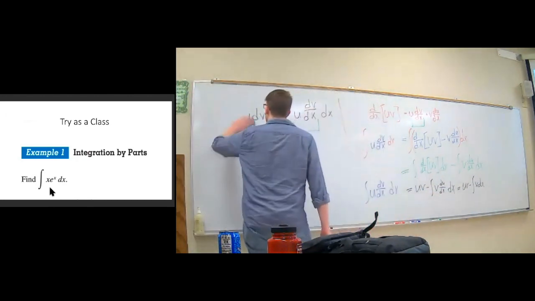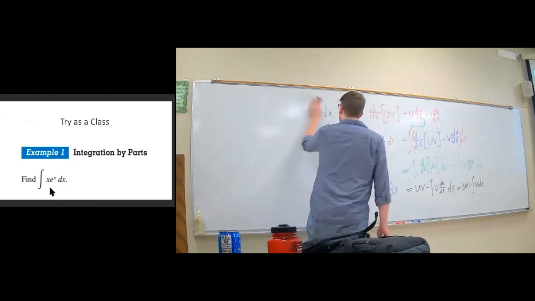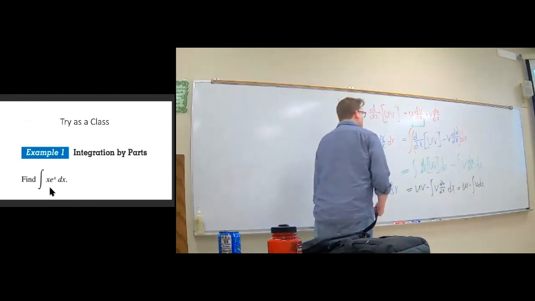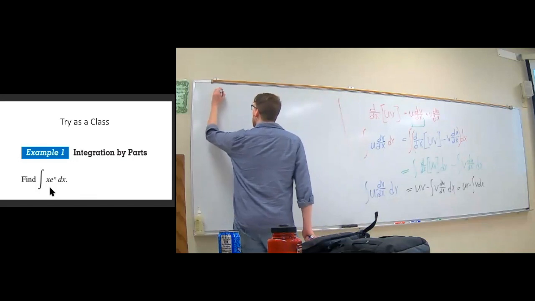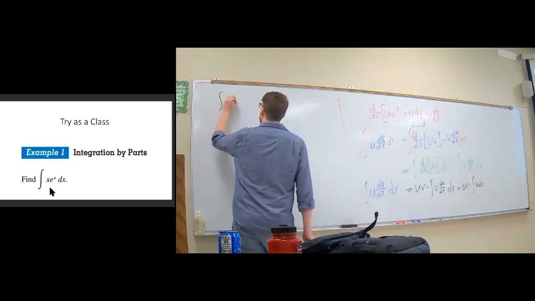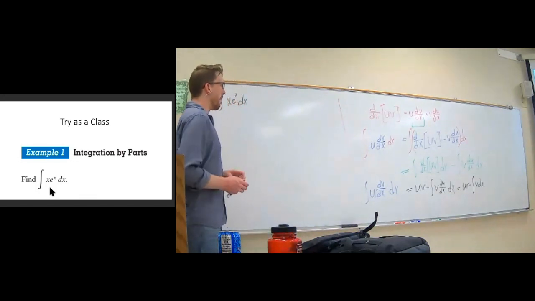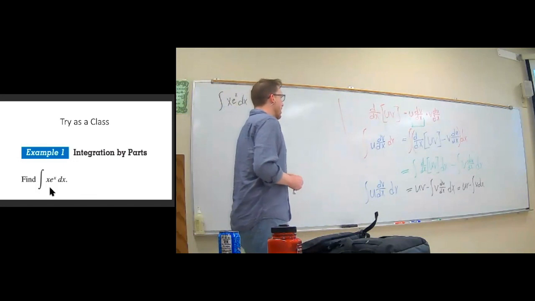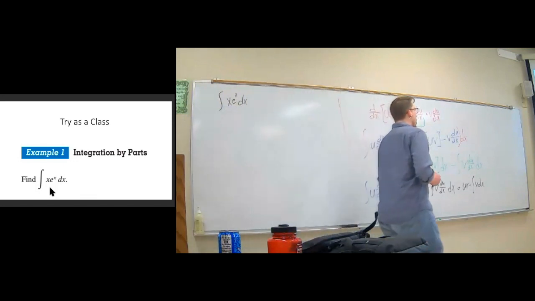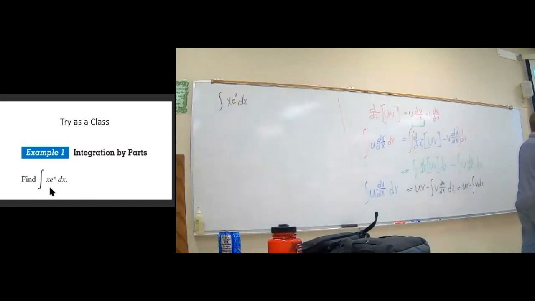We've got the integral of x times e to the x with respect to x, right? Okay. Now let's for a moment think about this. One of these two functions can be thought of as a u, and one can be thought of as a dv.